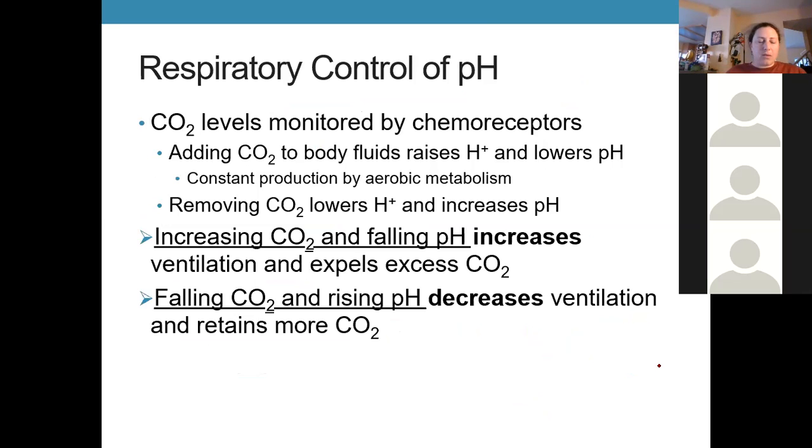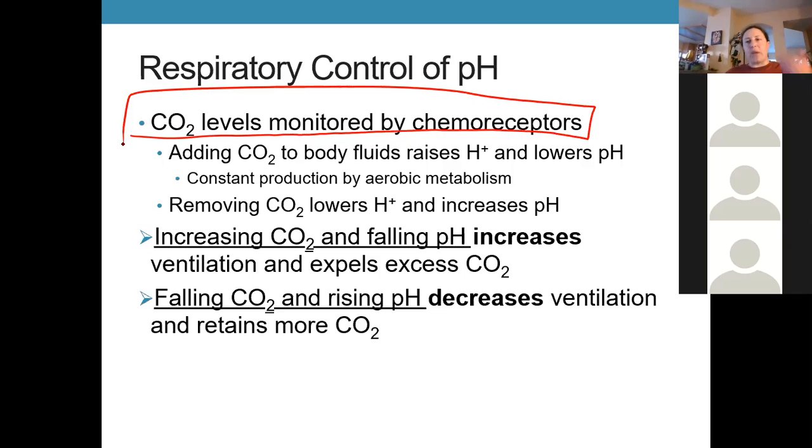So we've talked when we were in the respiratory system about the fact that the major driver of breathing rate and depth is carbon dioxide levels in the blood. We have chemoreceptors that are monitoring this. And so as we're altering our breathing rate and depth for the purposes of making sure that we're getting rid of enough carbon dioxide, this also serves to control the pH levels, especially in the blood.